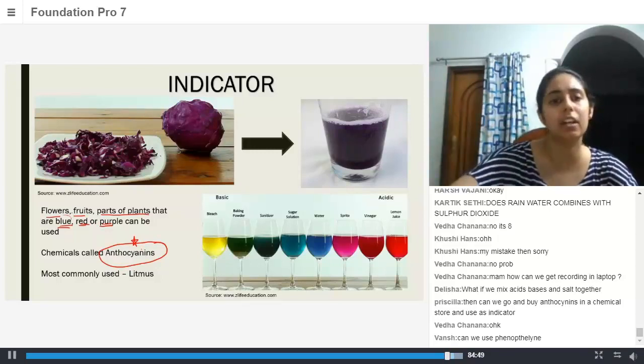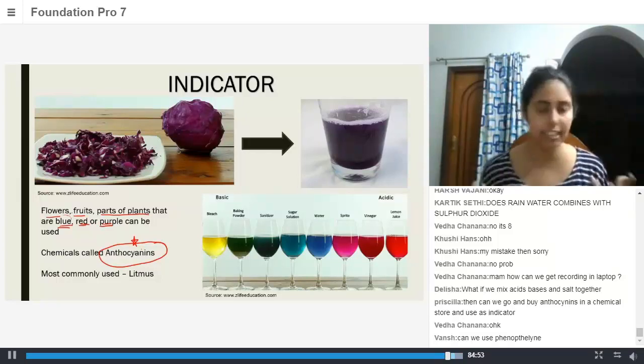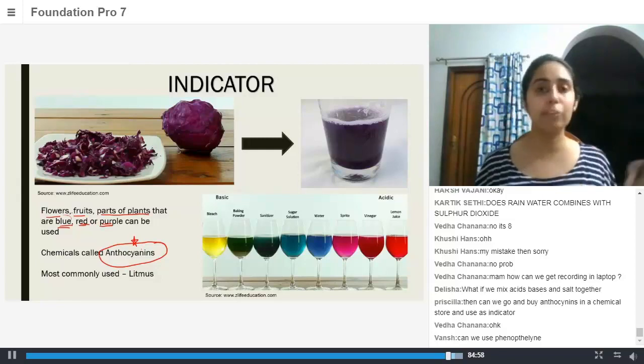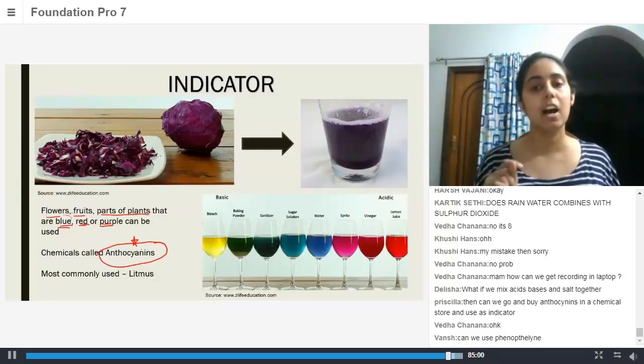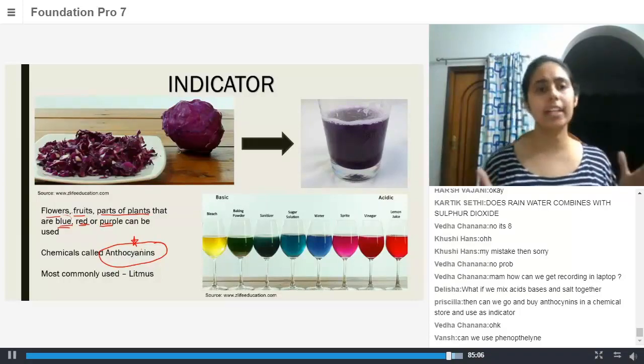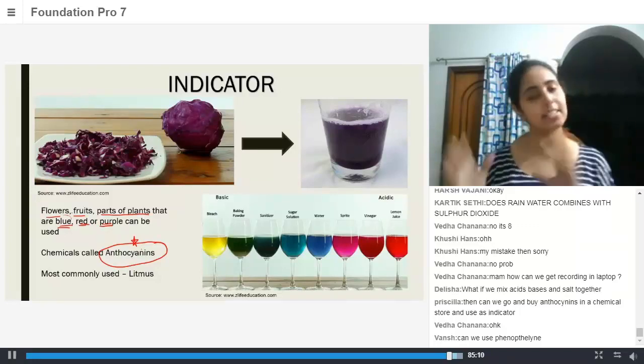It is not that only anthocyanin or only litmus are indicators. There are a number of indicators, but whether something is a good indicator depends. Some are very good, some are not, but they will indicate, okay, this is an acid, this is a base.